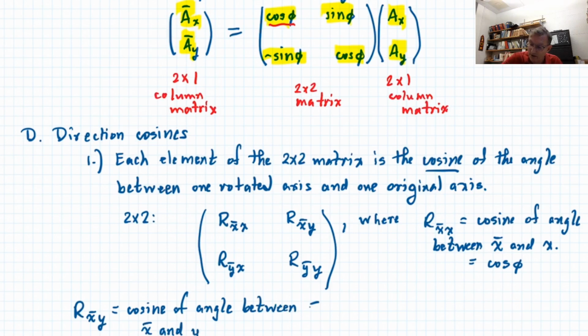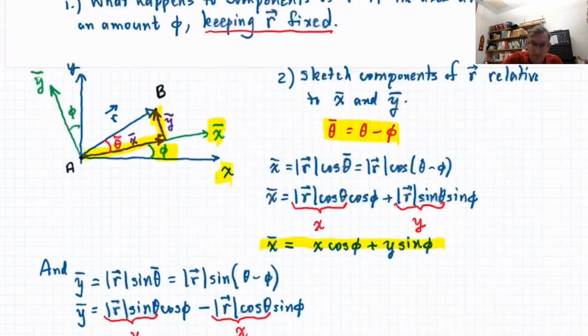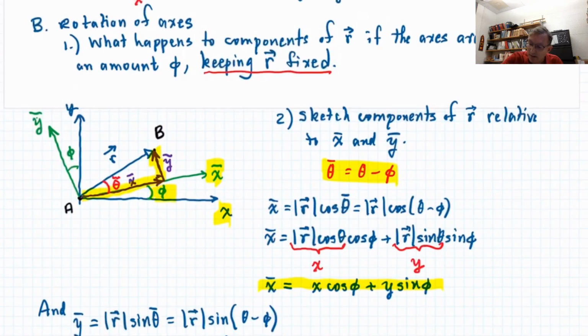Now let's go back up to the diagram. Now what I want is the cosine of the angle between x bar, okay, that's that one, and y, that one. Okay, x bar and y.